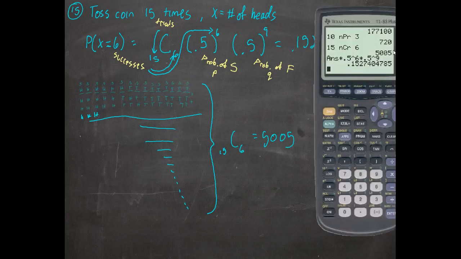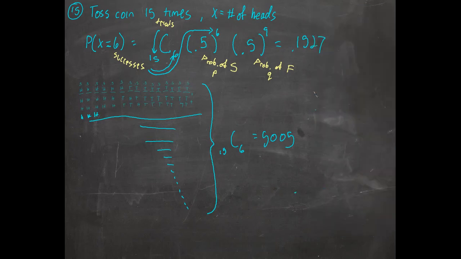Yeah, 5,005 ways that can happen. So 5,005 ways to have something happen that has a probability of pretty small, 0.00003. We just multiply that by 5,005 different ways that it can happen, and we get our probability of 0.1527.